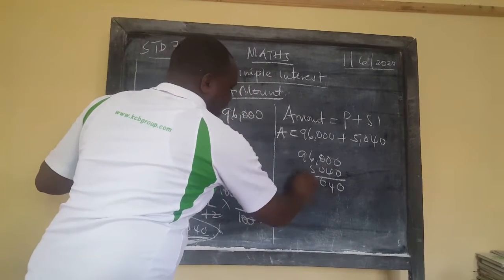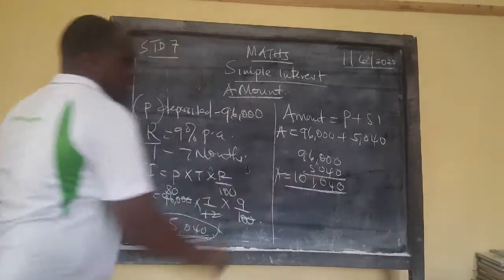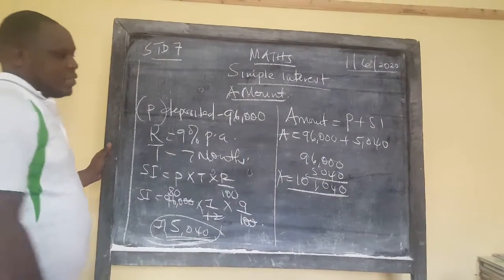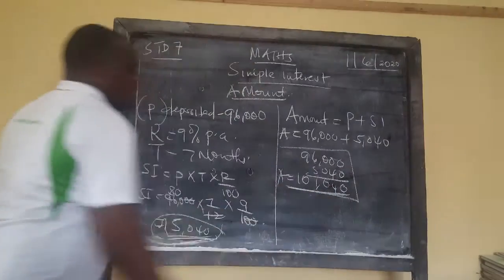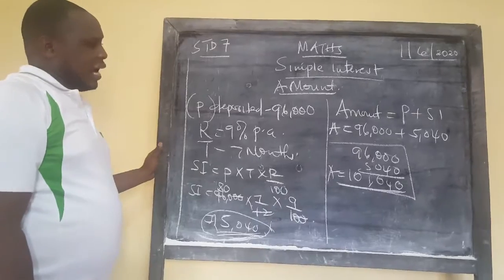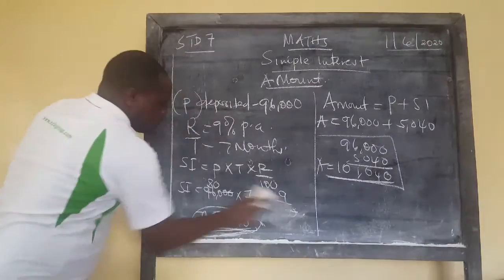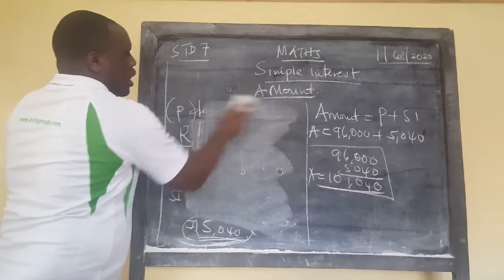The amount will be 101,040 shillings. So that's how we get the amount, by getting the principal plus the simple interest earned by that money. Maybe we do another one.